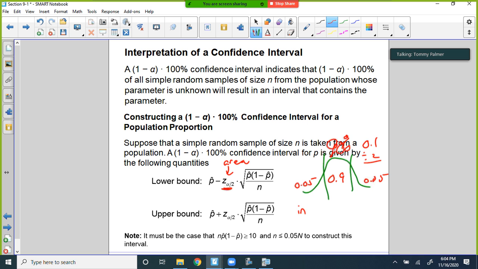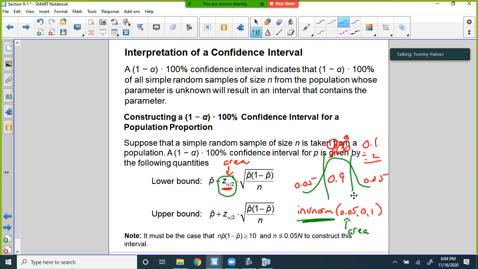Then I can do an inverse norm of, guess what? Of the area, with a mean of 0 and a standard deviation of 1. And that will give us, guess what? Our z.